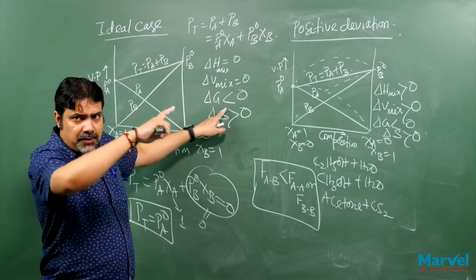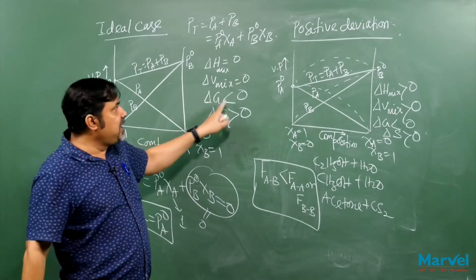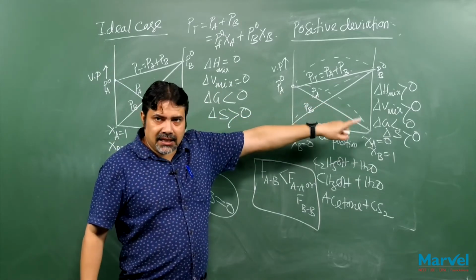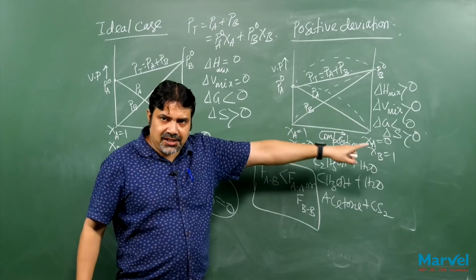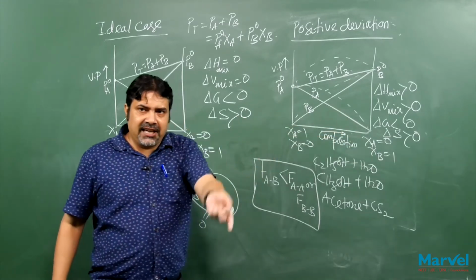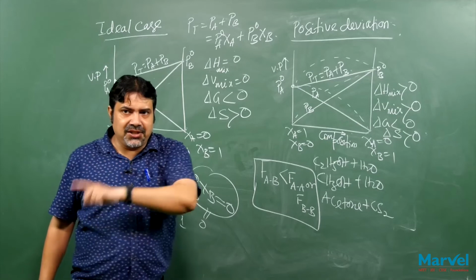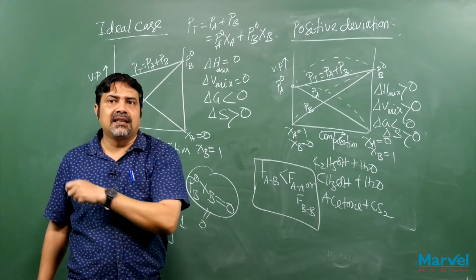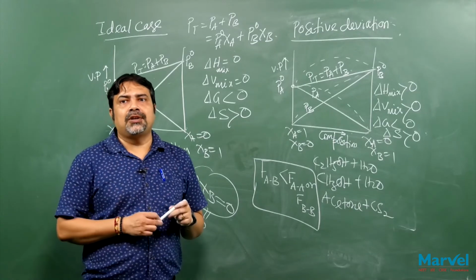Very important point, several times they put questions on this. In a positive deviation, delta H greater than 0, delta V greater than 0, delta G less than 0, delta S greater than 0. Negative deviation: delta H less than 0, delta V less than 0, delta G less than 0, delta S greater than 0. So these things you have to understand.